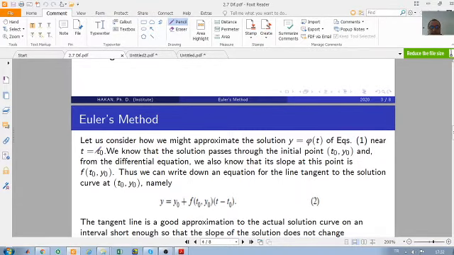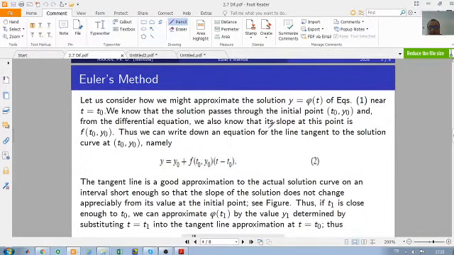Let us consider how we might approximate the solution of the initial value problem given at the beginning near the initial point. We know that the solution passes through the initial point t0, y0, namely we have a point for the solution function, and from the differential equation we also know its slope at this point, which is equal to f of t0, y0 because it is equal to y prime.